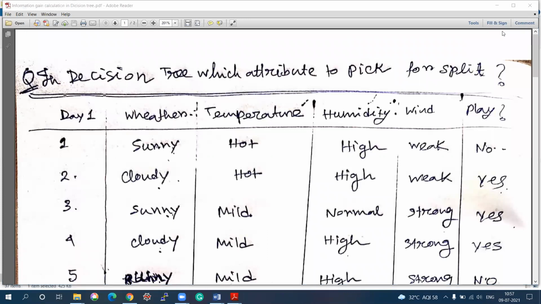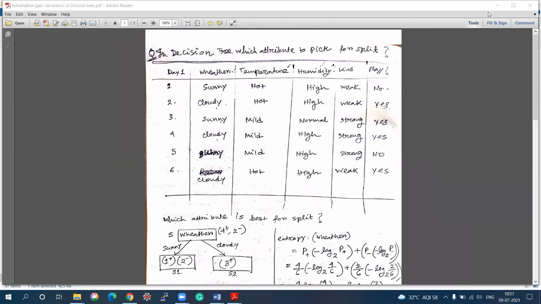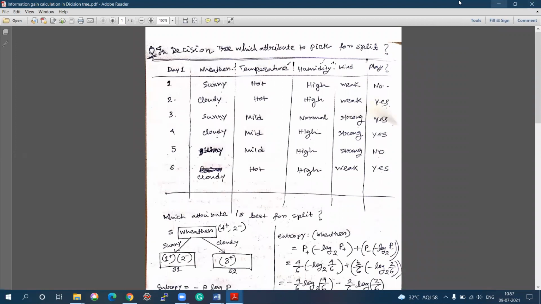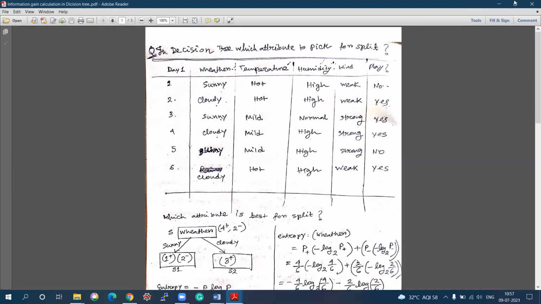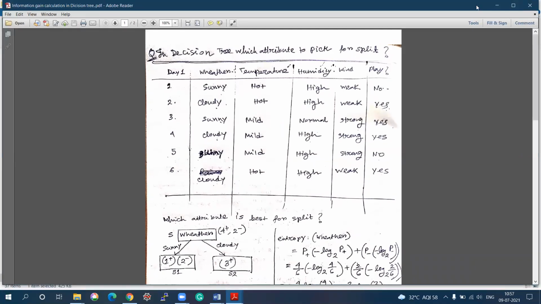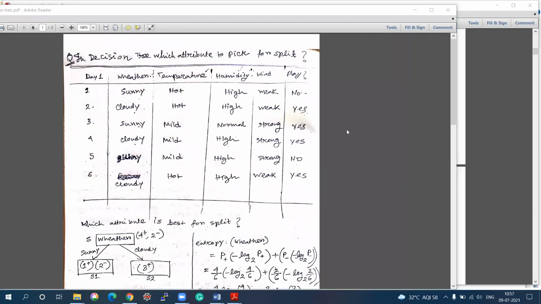This is very large, so I have to minimize this. I think you can see this now.